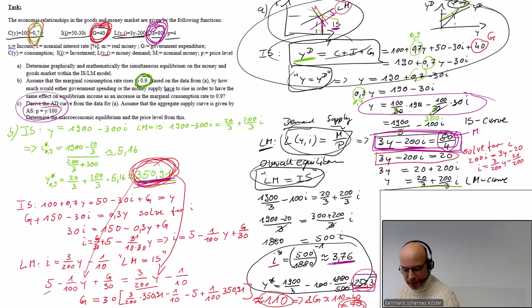But now we are increasing our y, and we know that this means that we have to decrease I. So we get a split of these two numbers. And then we see that the interest rate intensity of money demand with a factor of 200 is quite high compared to the income intensity, which is only 3.